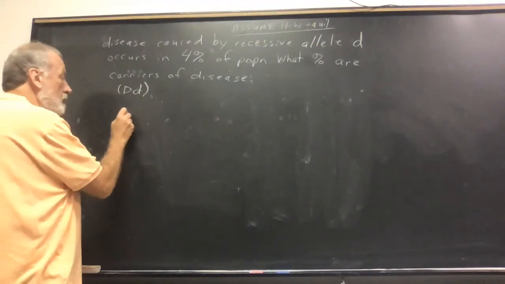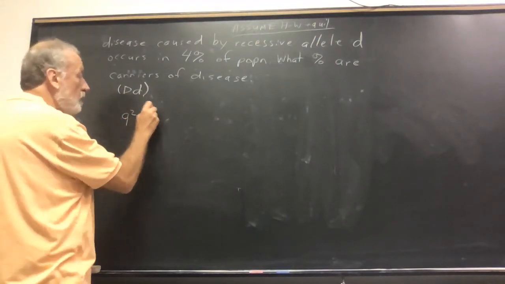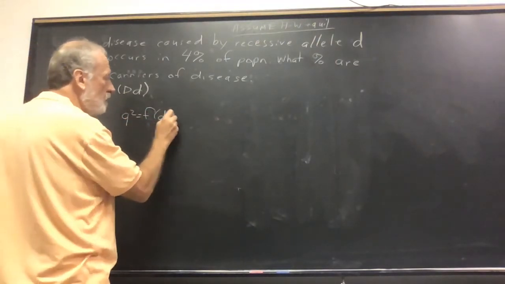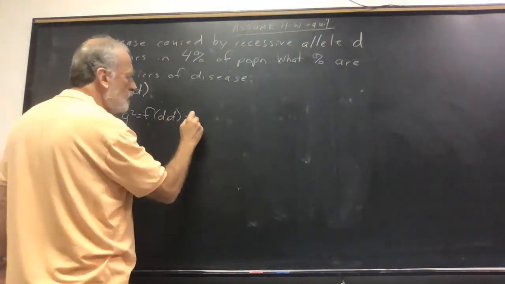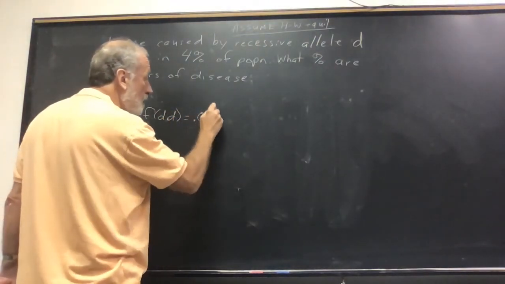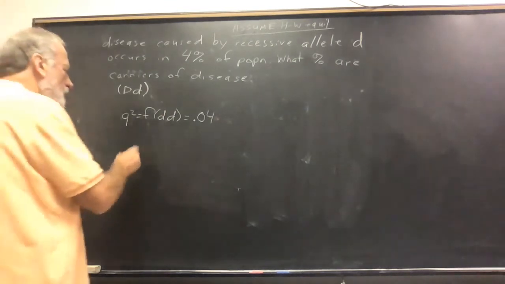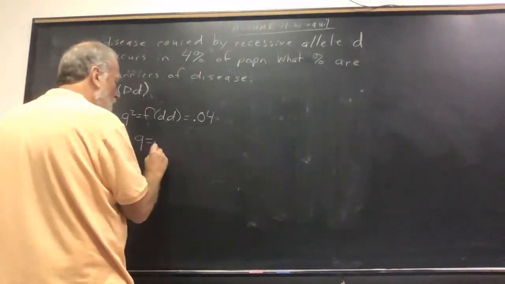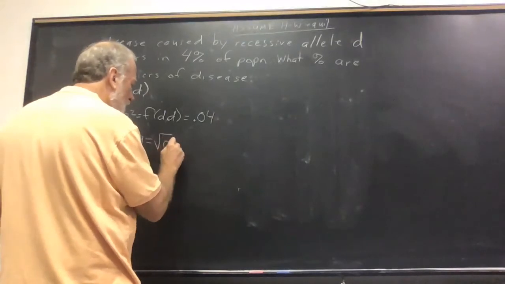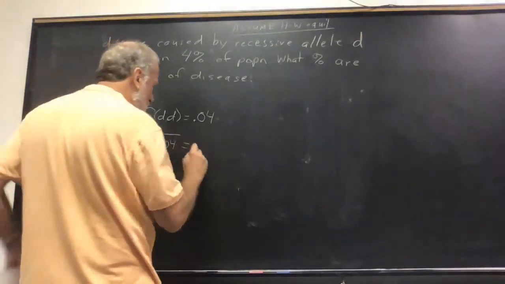So you know that q squared is the frequency of the little d, or diseased people, if you will, and 4% is 0.04. So now we know that q squared is 0.04, and from here we can solve the problem by q equals the square root of 0.04.